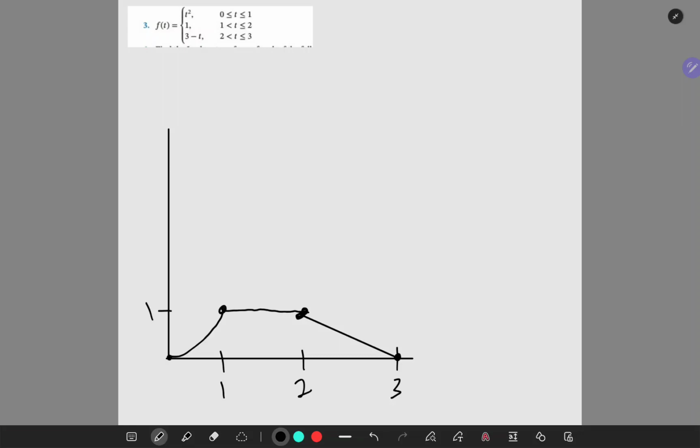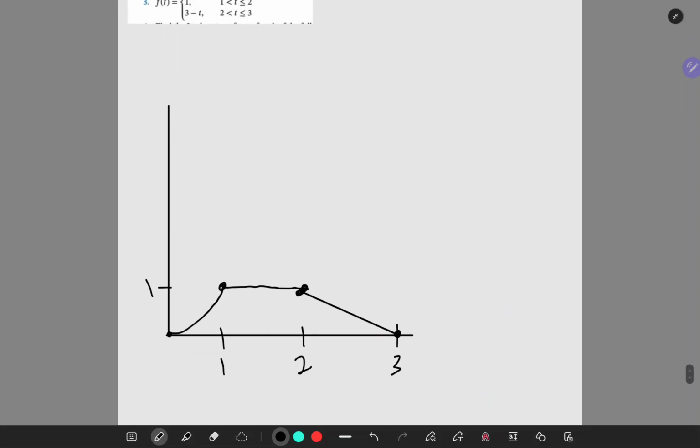So this one, the whole thing's continuous, and the whole thing's piecewise continuous, right? No discontinuities anywhere. Everything's defined.